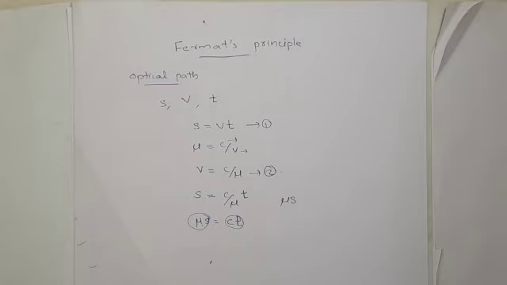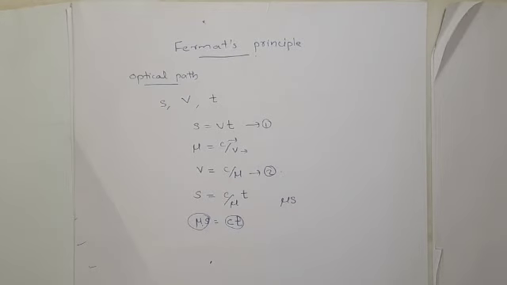Note that if a ray travels a distance S in a medium of refractive index mu, the optical path is equal to mu S. In a given time, light travels the same optical path length in different media.